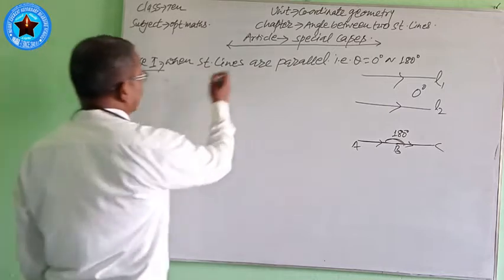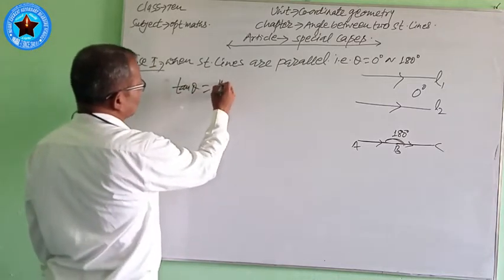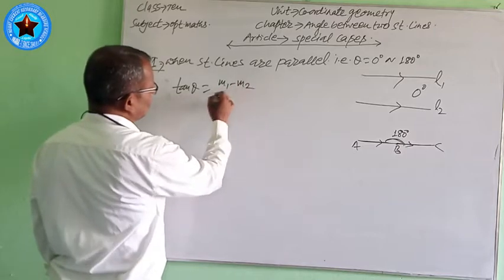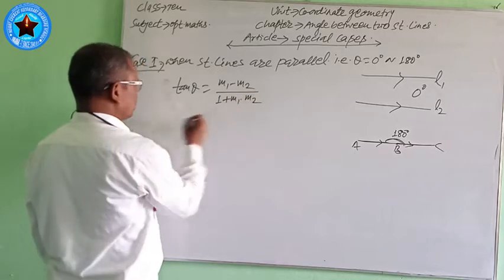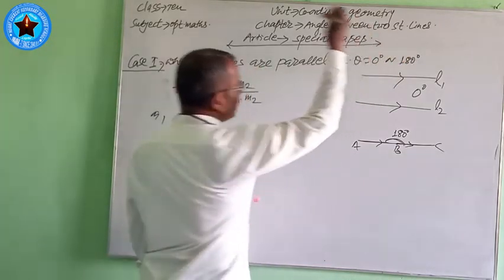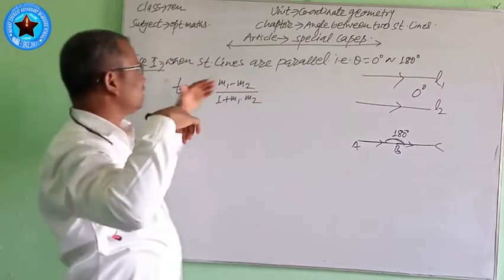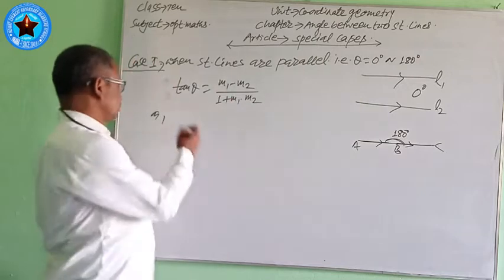Now we have tan theta equals (m1 minus m2) by (1 plus m1 into m2). Since theta is 0 degree or 180 degree, tan 0 degree is 0, and tan 180 degree is also 0.